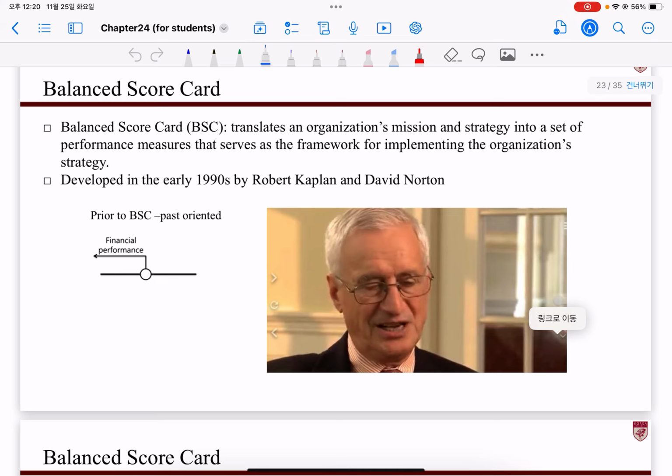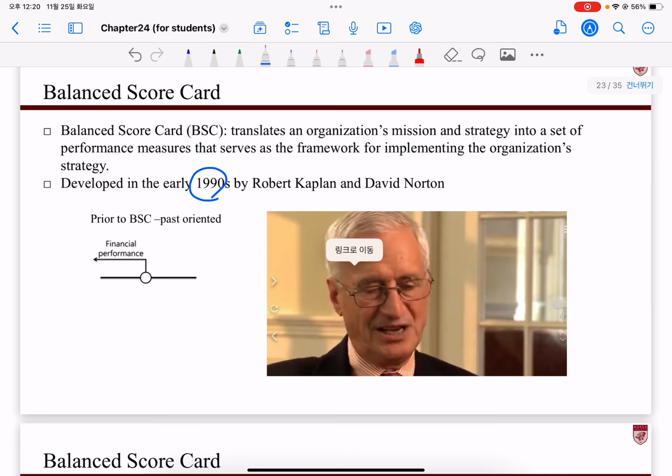Now, we want to look at what's called a balanced scorecard approach. The balanced scorecard appeared in the early 1990s by the management theorists Robert Kaplan and David Norton. The reason why this came was because they thought that the organization's mission and strategy is not aligned with the performance measures correctly.